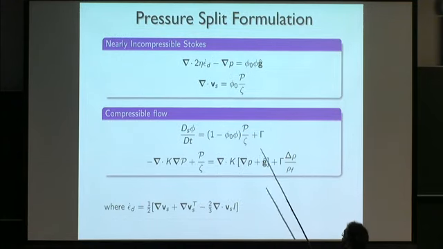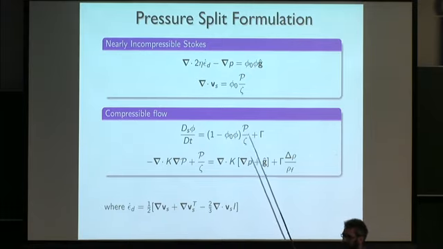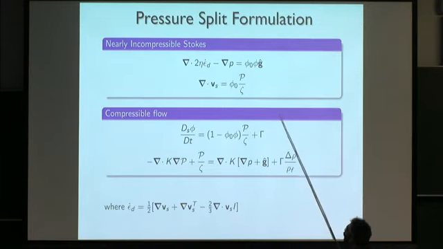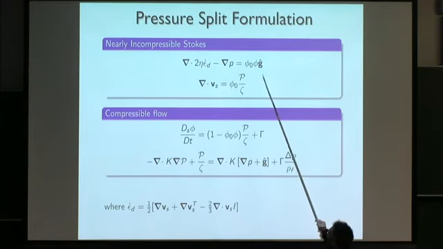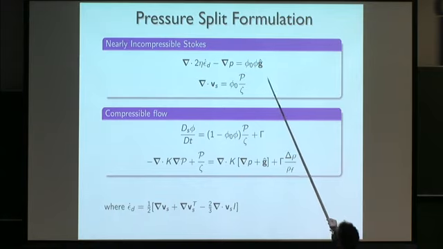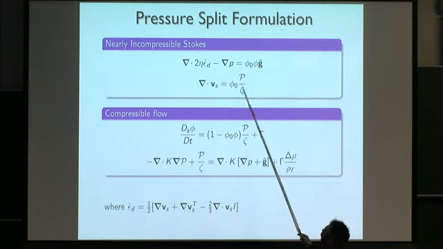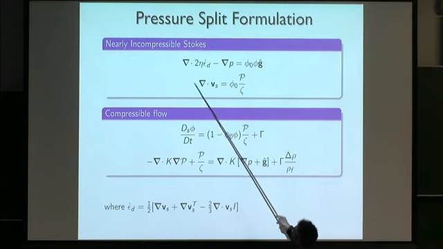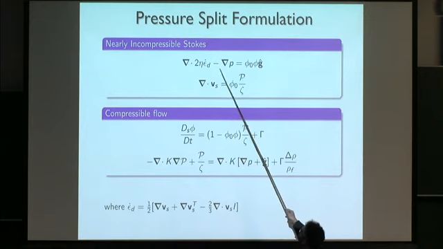So you take all those things, mix them together, put them in, and this is the split that I use. It's a little bit different. But the reason I do this is, it's still a coupled system, but I think of this really as two sets of coupled problems. The first one is basically a nearly incompressible Stokes problem.